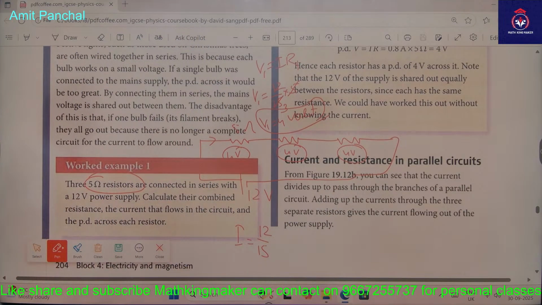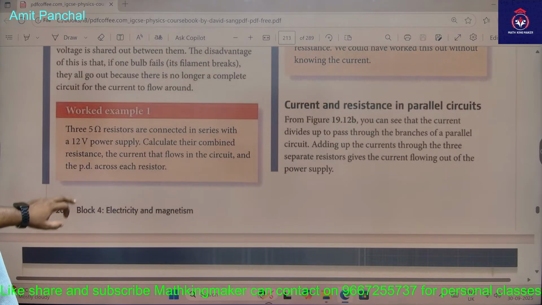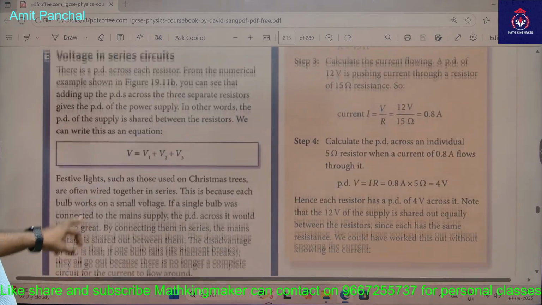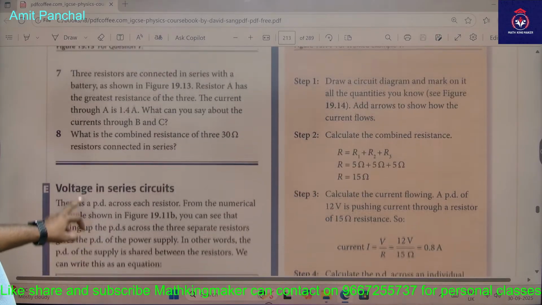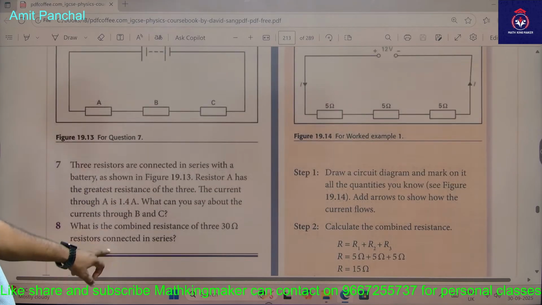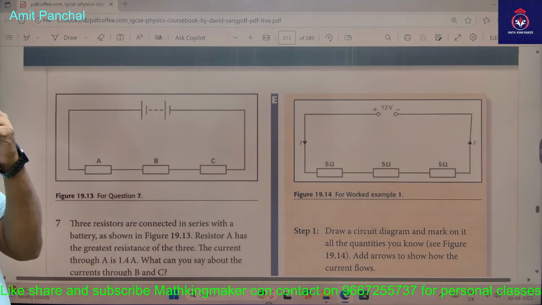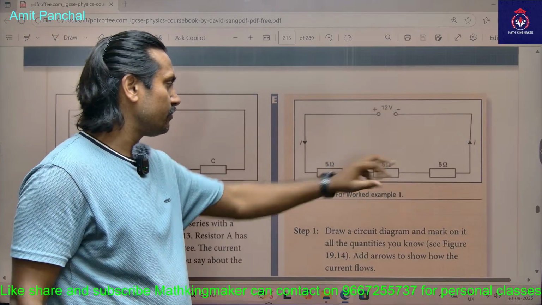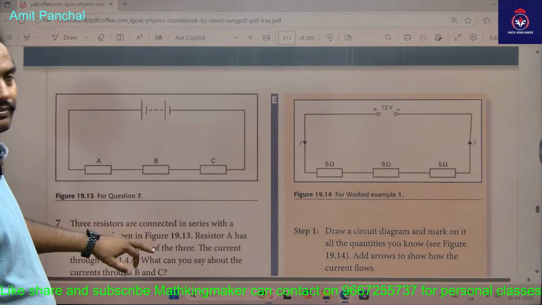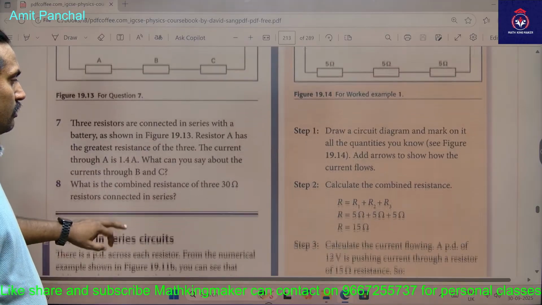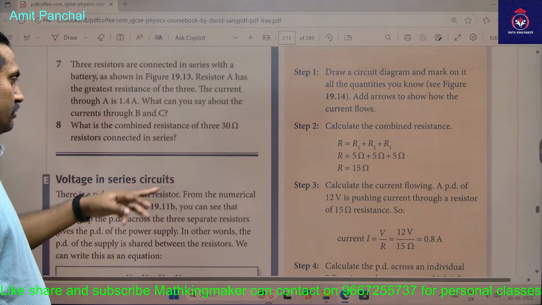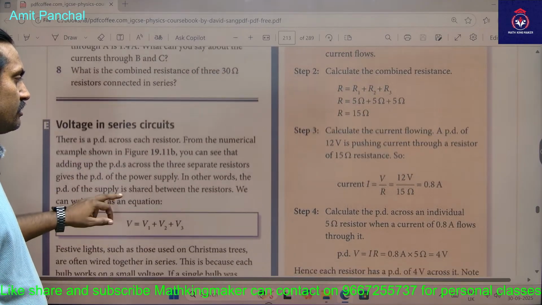So in series combination, voltage is divided. That is the calculation. First of all, you need to draw a neat diagram like this. Then you have to add resistors. It becomes 15 ohm, the entire resistance.